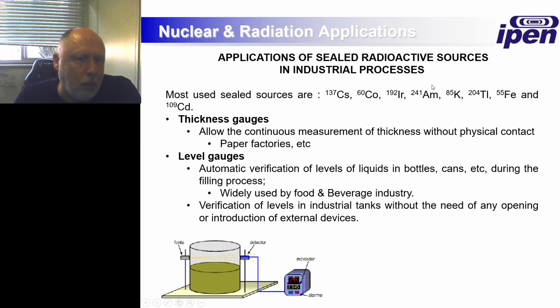For instance, americium emits alpha particles and very low energy gamma rays, so it's for something where you require a particle with short range, right? Most used ones, because they are cheaper also, are cesium 137, cobalt 60, iridium 192, and so on.